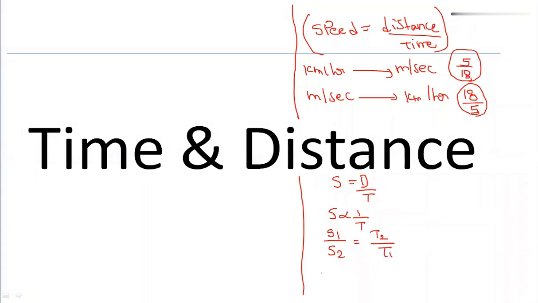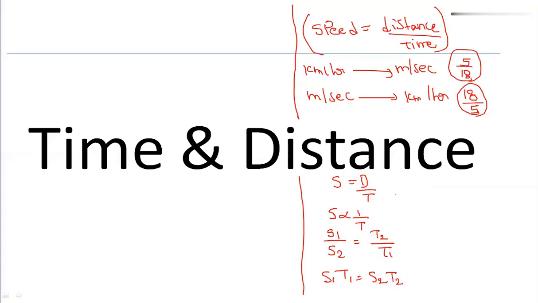So if you cross multiply, it will become S1 T1 is equal to S2 T2. From the base equation that we have, speed is equal to distance by time, we can write speed is inversely proportional to time. Upon that, if you take the case values of speed and time, S1 by S2 is equal to T2 by T1 as they are inversely proportional. Just cross multiply, you will get an equation.